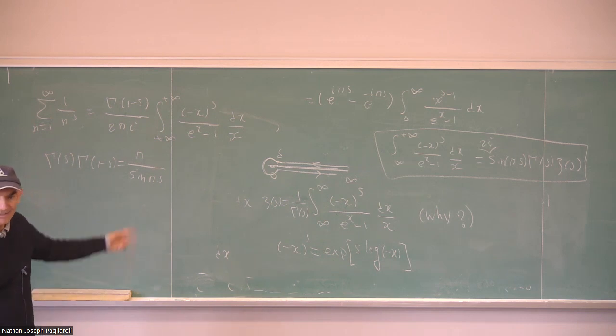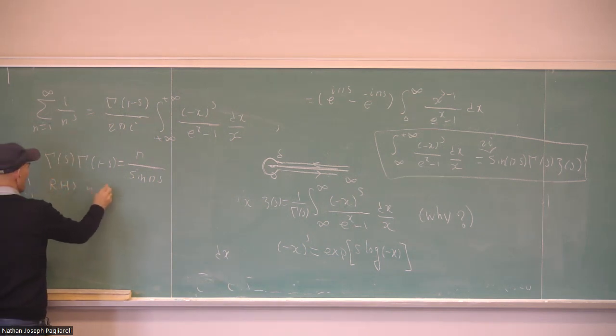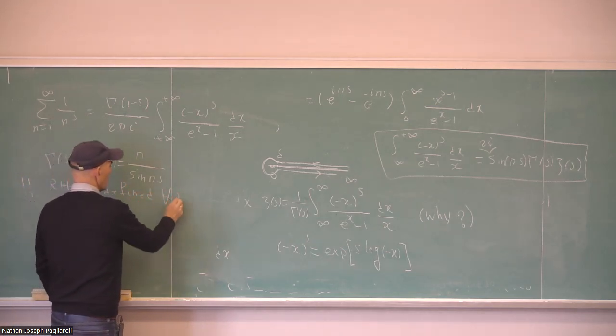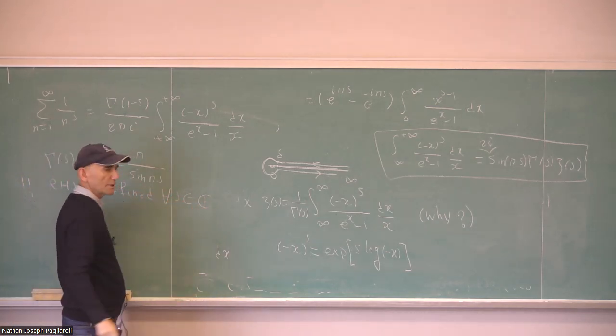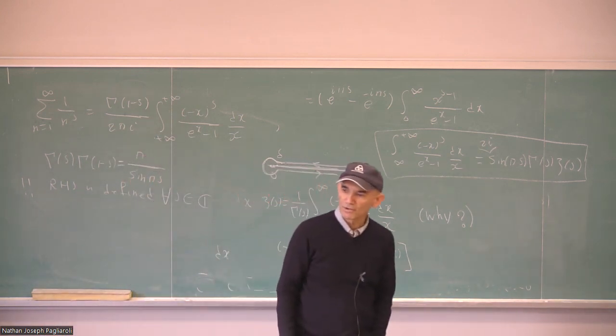So here is the surprise: the right-hand side is defined for all s belonging to C. Can you tell me why it is defined for all s belonging to C?